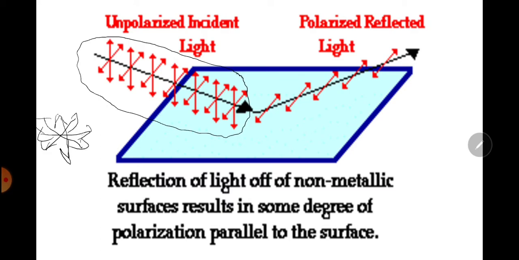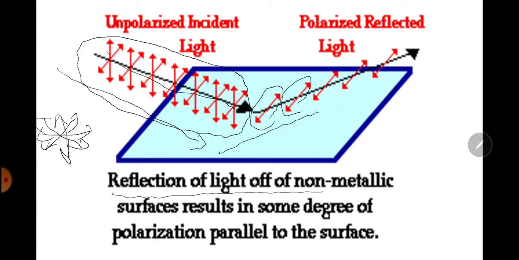When it passes after reflection, it is confined to one particular plane. So it is called a polarized reflected light ray. Reflection of light off a non-metallic surface results in some degree of polarization parallel to the surface. So before reflection it is unpolarized, and after reflection it is polarized. This is called polarization by reflection.